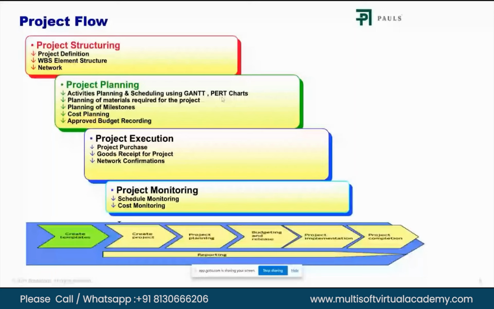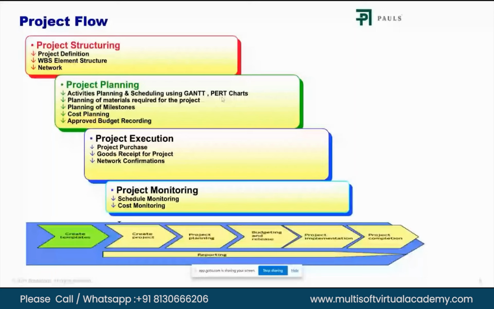So as and when required, whenever the team wants to procure cement for clubhouse, they'll be using that particular WBS for consuming the budget. Project purchase will be initiated by the MM team. Then once they have issued the purchase order to the vendors for the cement, and once that is delivered on the site, they'll issue goods receipt for cement that they have procured, that the cement is received on site.